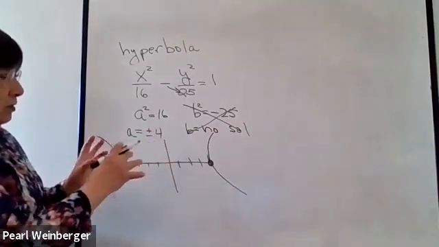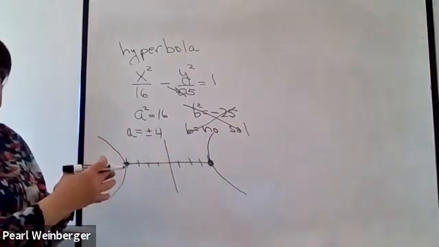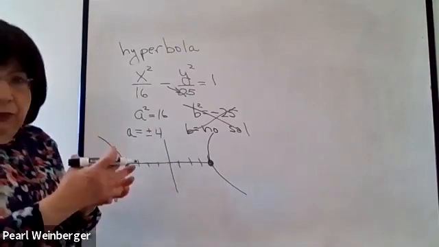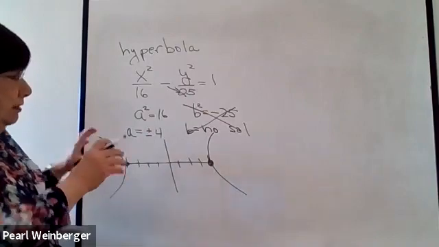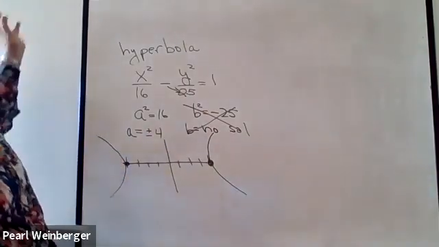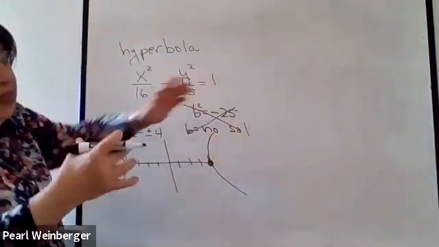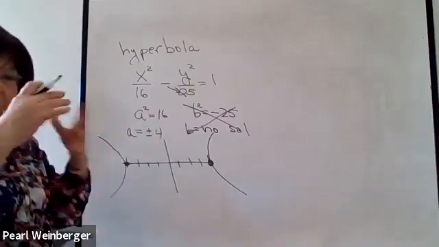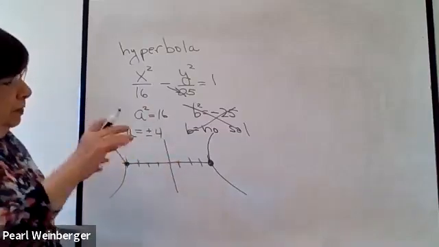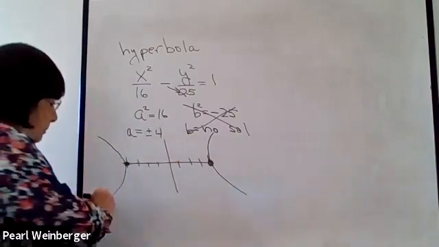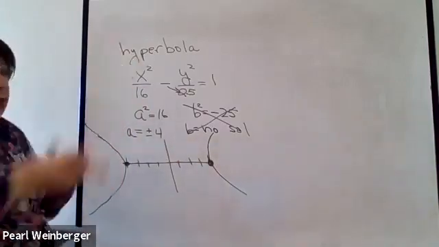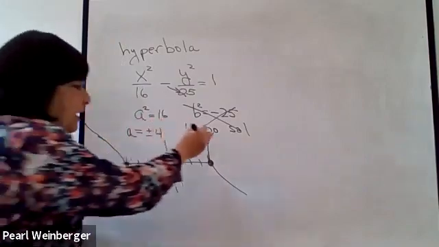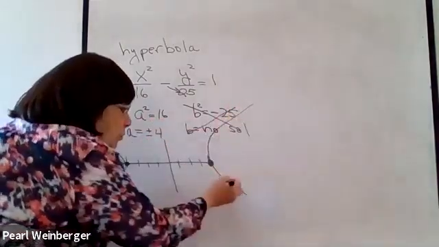The first thing we notice is that this hyperbola has two separate sections that don't connect, unless you think maybe they come around and connect at infinity. I've heard that kind of reasoning, but really this just keeps going out wider and wider. It's not like a U where the sides go straight. It keeps going out wider and wider.